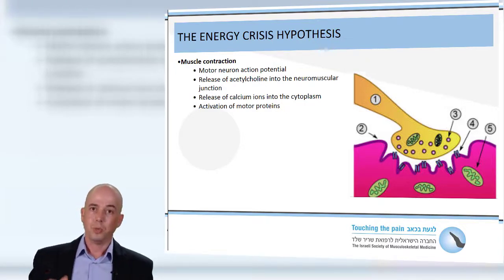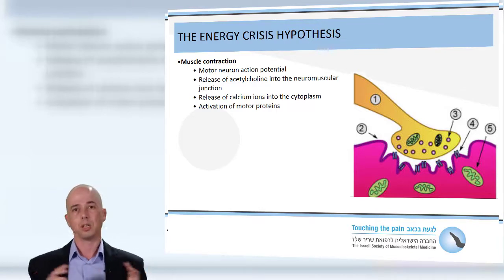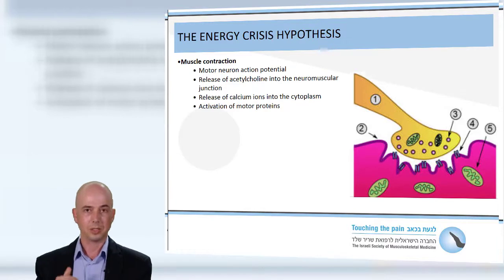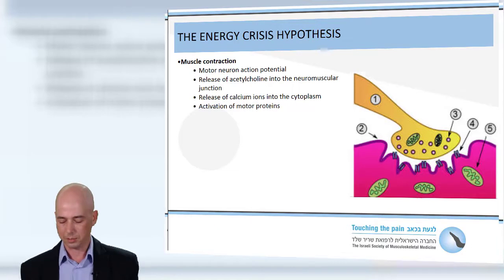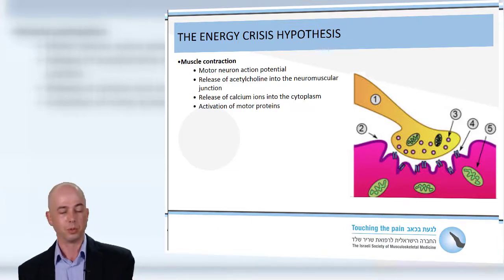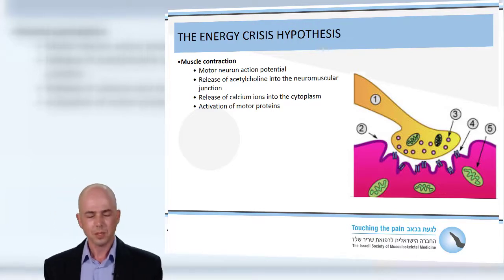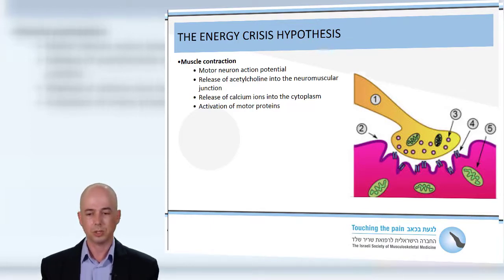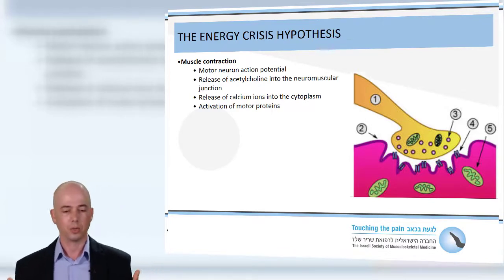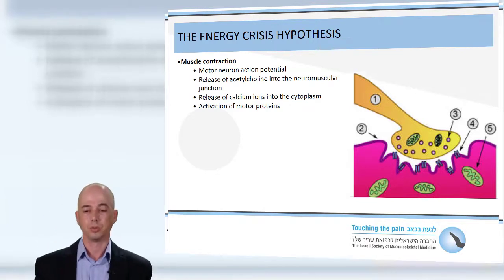This action potential then reaches the synapse, called the neuromuscular junction, which is basically a large synapse that releases acetylcholine to the synaptic cleft. This acetylcholine is then attached to receptors on the muscle itself. This causes the release of calcium ions to the cytoplasm of the muscle, which causes actin and myosin, the contractile proteins, to get into action and to cause the muscle to contract.